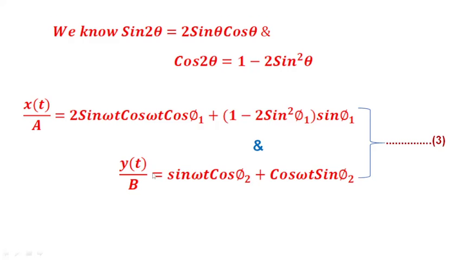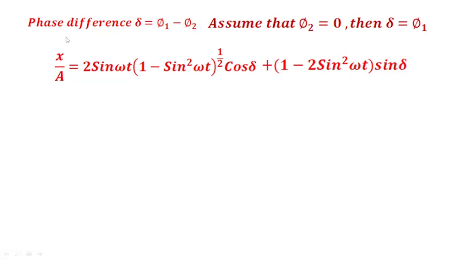Putting these values, the phase difference delta is equal to phi 1 minus phi 2. Assume that phi 2 is equal to 0, then delta is equal to phi 1. X by a is equal to 2 sine of omega t into bracket 1 minus sine square omega t bracket raised to half into cos delta plus bracket 1 minus 2 sine square omega t into sine delta.